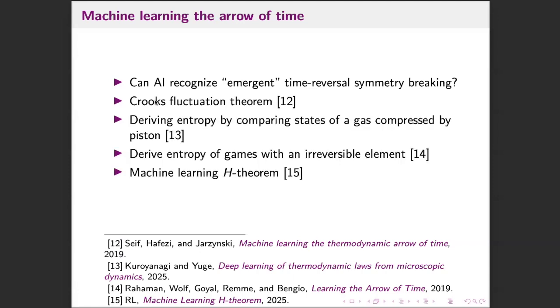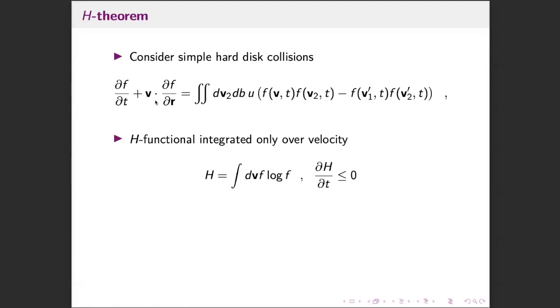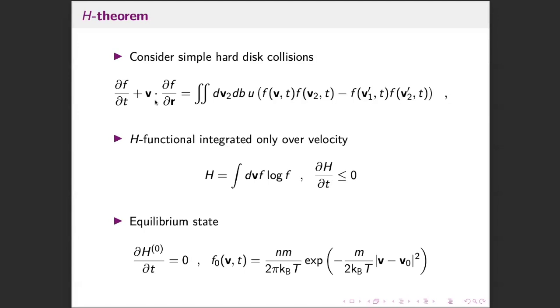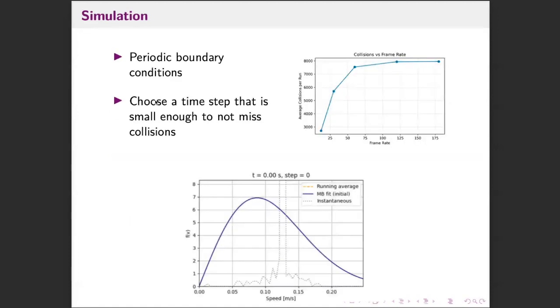There have been some other developments. If you consider a much simpler case, hard disk collisions, you also have an H theorem, and you can very easily simulate it. You just consider 1,000 disks with certain collision rules, initiate them, and let them evolve.